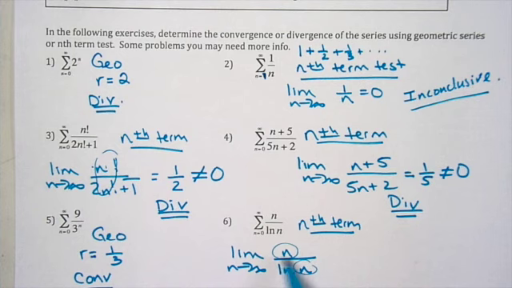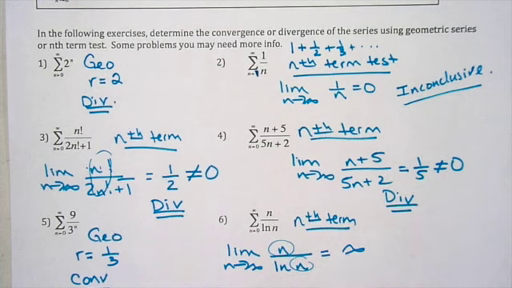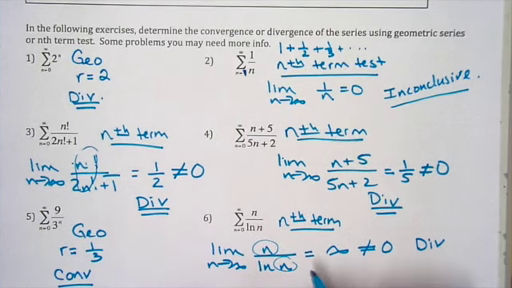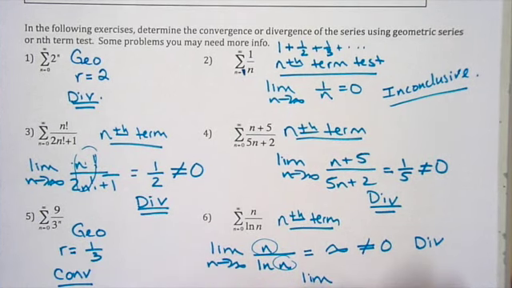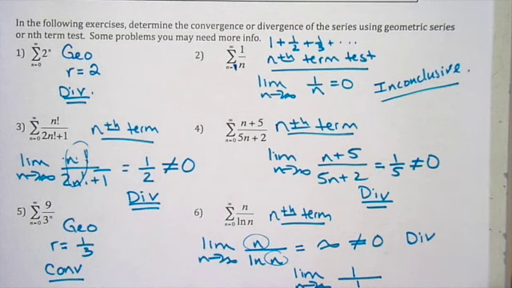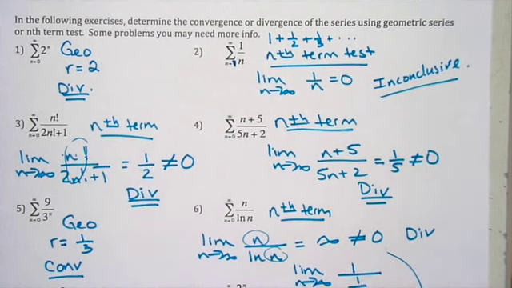So the top is going to grow at a faster rate. So I know this limit is infinity, which is not 0, so I can say it diverges for sure. If you want to use L'Hopital's rule, that's fine. I get infinity over infinity, so I would take the derivative of the top, derivative of the bottom, simplify this, which really is n, and notice this limit is infinity, same thing that we got there.